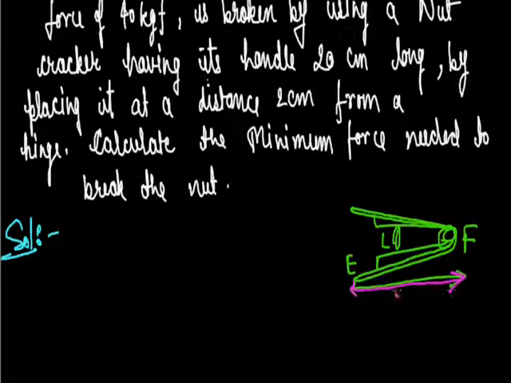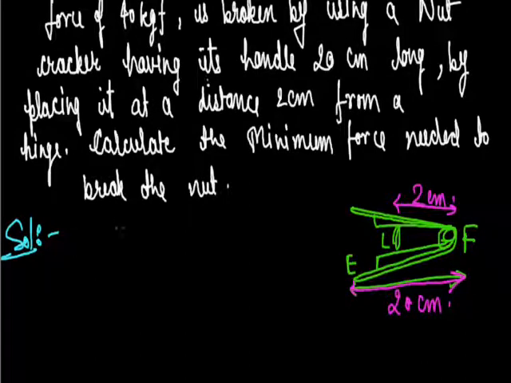This distance 20 cm is given, so it will be the effort arm. And it is given in the question that the nut is placed from the fulcrum by 2 cm, so it will be the load arm, because load arm is the distance between load and fulcrum. And what is asked? It is asked to calculate the minimum force needed to break the nut, means effort is asked.